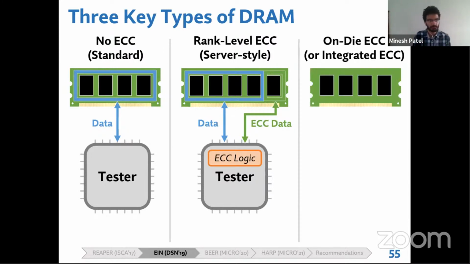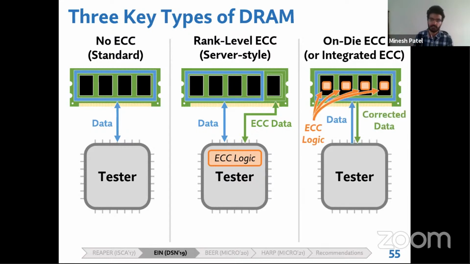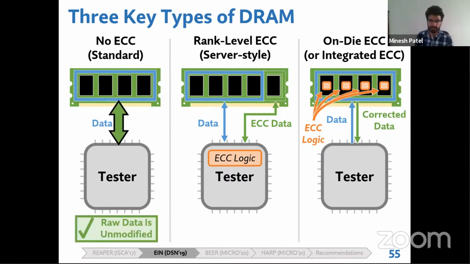The third type of DRAM uses what's called on-die ECC, or integrated ECC. Here, ECC logic is built into the DRAM chips themselves, and it's invisible to the tester. The communication back and forth involves the tester sending data, but the DRAM sends corrected data back. In the first case, with no ECC, the raw data is exchanged unmodified.